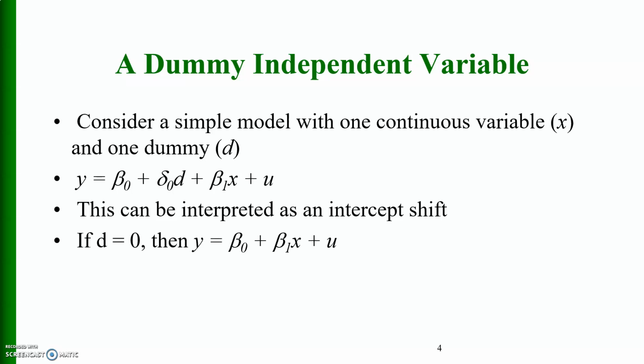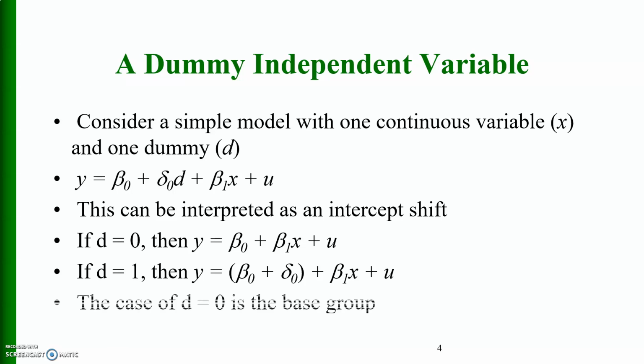If d is equal to 0, then y is equal to beta naught plus beta 1 x plus u. And if d is equal to 1, then y is equal to beta naught plus sigma naught plus beta 1 x plus u. So the dummy variable basically shifts the intercept.